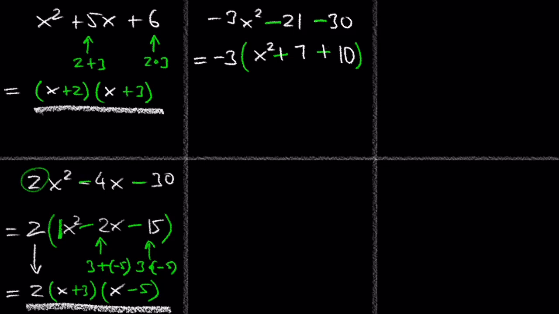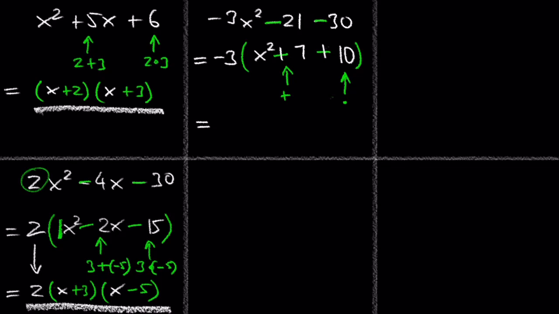The next step is to factor x squared plus 7x plus 10. Again, which two numbers multiplied by each other are 10? And the same two numbers added together are 7. Feel free to pause the video and try to find these two numbers. This is a good exercise.